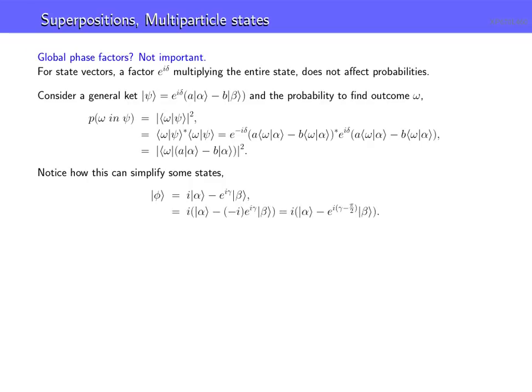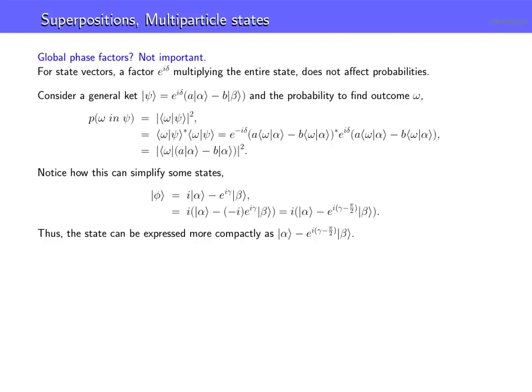Notice as follows: if I factor out the i from both, I'm going to have a −i multiplying this, because i times −i gives us 1. And then I can express −i as e^{i(−π/2)}. So I just combine them there. What I've done is factor out the i and written it this way. And that means for this particular state, I don't need to keep that i in front because it's not doing anything, if this is the only state we're talking about, and we're talking about probabilities of this state only.